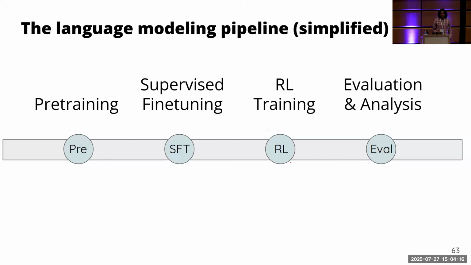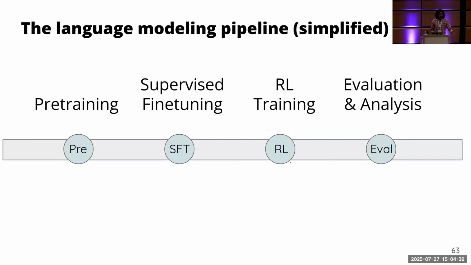The second is supervised fine-tuning, where you're learning either style or content for particular tasks of interest. And then RL training helps for incentivizing particular kinds of targeted behaviors that you want to improve on and you can measure. And then lastly, evaluation and analysis are absolutely critical.